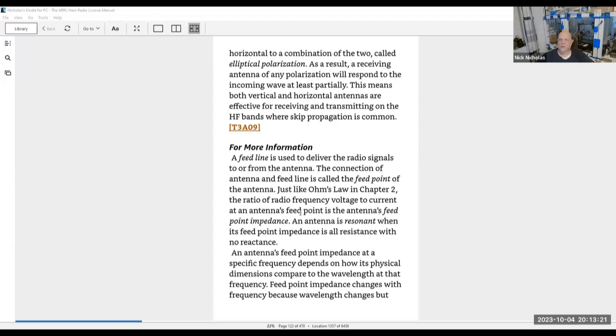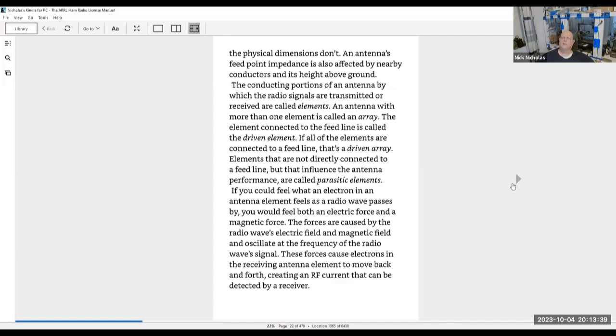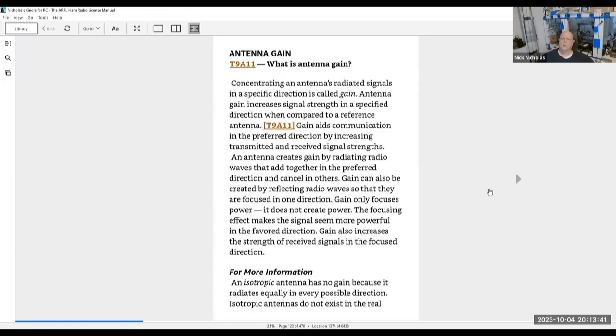All right. I did cover for you guys Ohm's law in chapter 2. Ohm's law and the power formula will become very important in the next lecture. Okay. We're going to jump into resonance, and I'm not going to cover all this today.